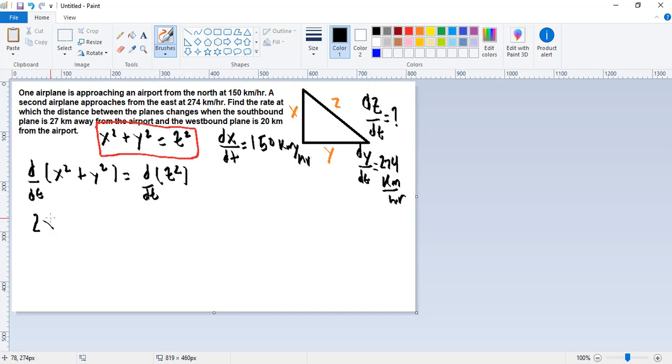It's going to give you 2x, but you want to tag on a dx dt, plus 2y dy dt, equals 2z dz dt.